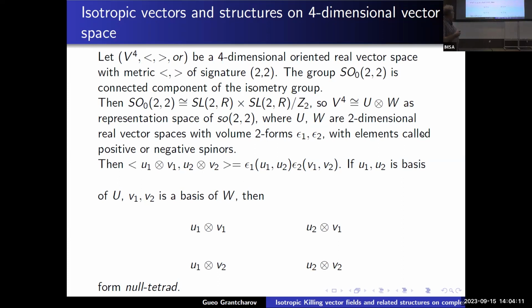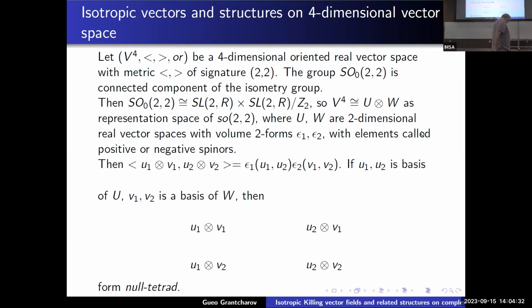Now, once one starts with a scalar product acting on a vector space, then from representation theory, it's known, a very basic fact, that the space actually is not a fundamental representation, but a tensor product of two.